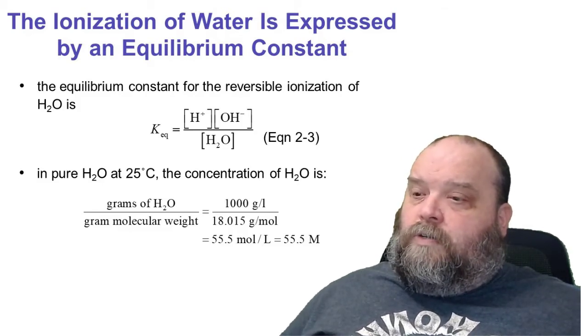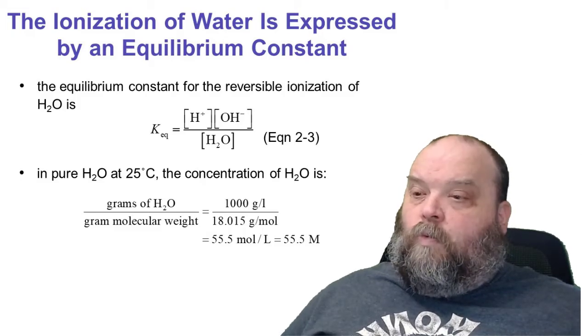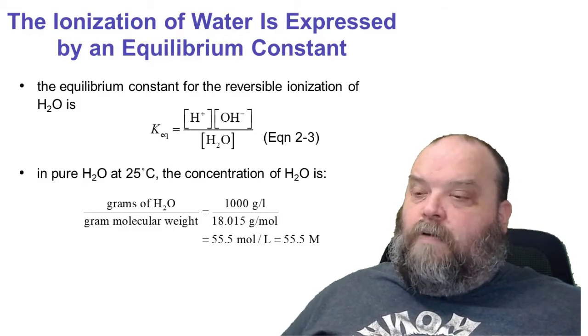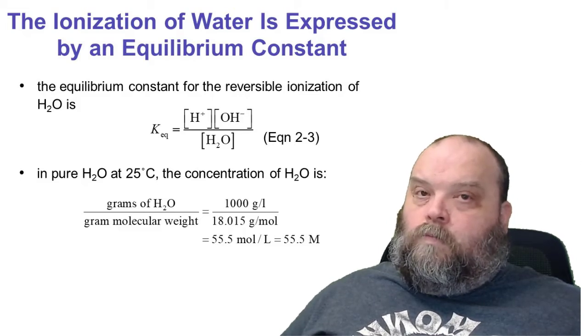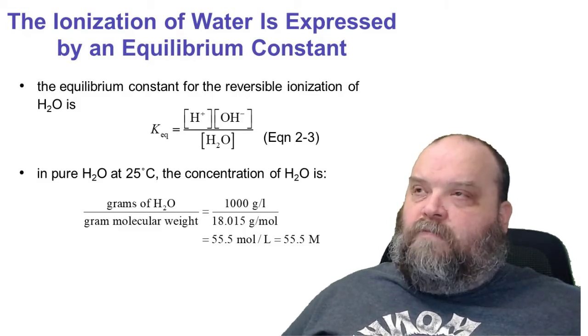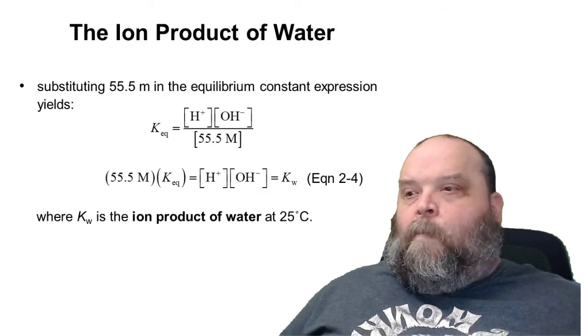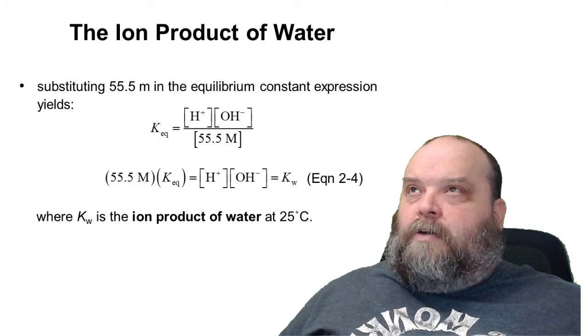At 25 degrees Celsius, the concentration of water, 1 kilogram of water, is 55.5 moles. Okay, 55.5 moles of water. So there we go. We've got our denominator.